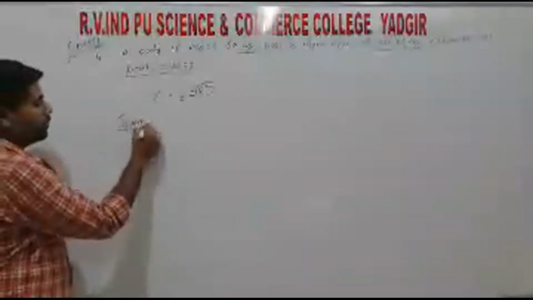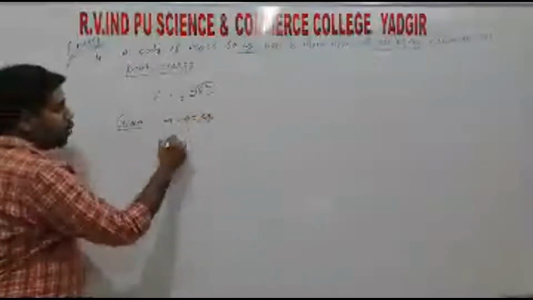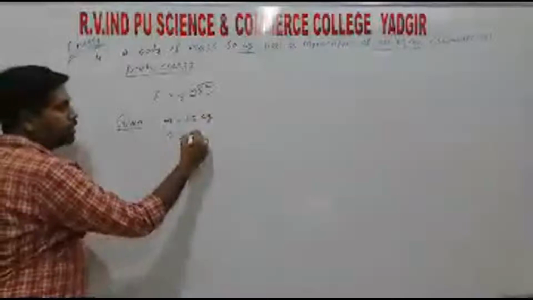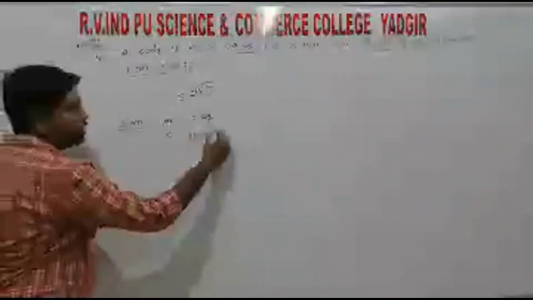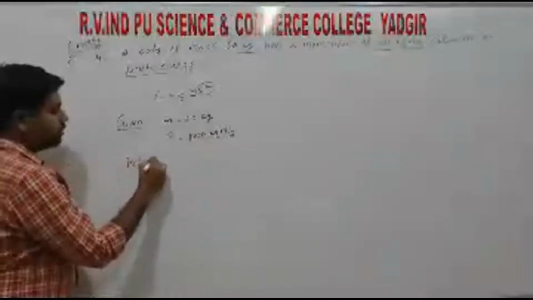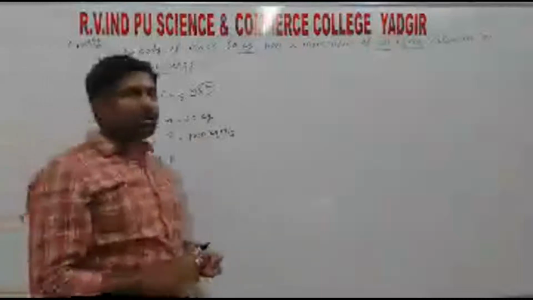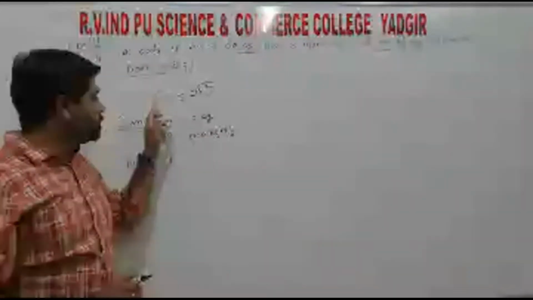So given m is equal to 50 kg, and momentum, denoted by p, is 1000 kg meter per second. To find the kinetic energy, we use the relation between kinetic energy and momentum.